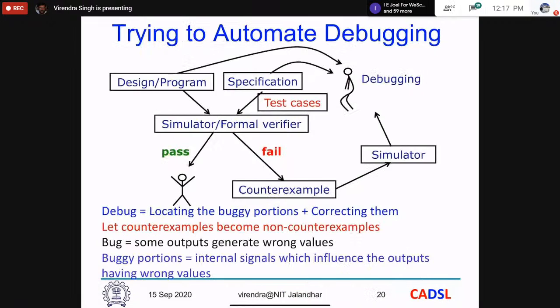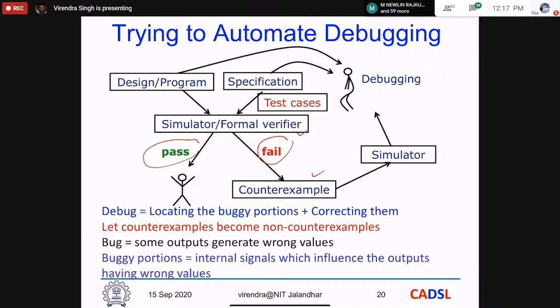Now there are various ways of localization. If we try to debug that, I have a specification and the design, and I simulate or formally verify. Most of the time, if you are simulating, it passes, because I cannot apply all possible cases. However, if you use the formal verifier, for some input you get a failure, and then you get the counter examples.